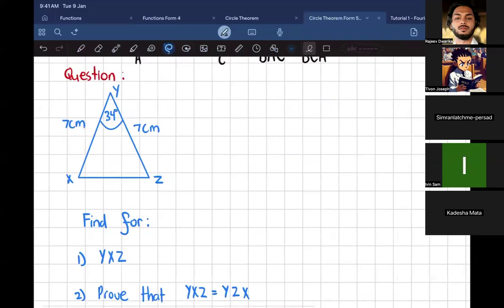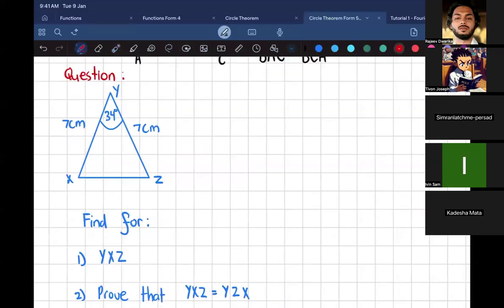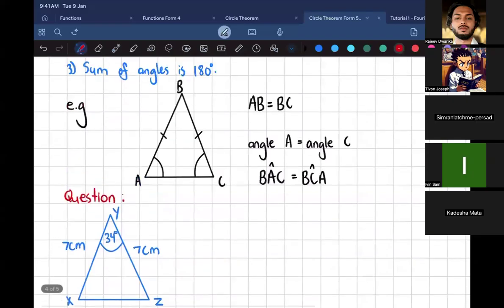So first things first, Simran, what kind of triangle is this? The isosceles triangle. Right. It's an isosceles triangle. And if that is the case, then angle X and angle Z should be what? Tell me, in an isosceles triangle, which angles are equal?